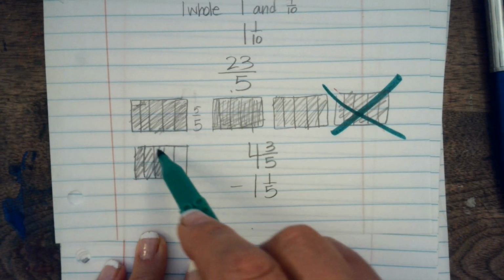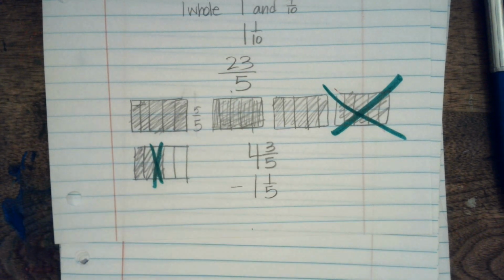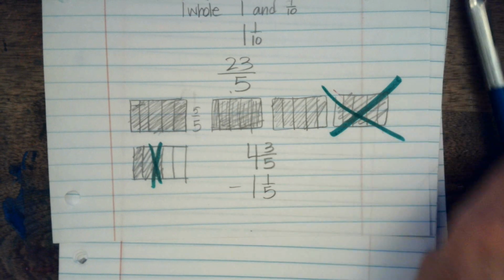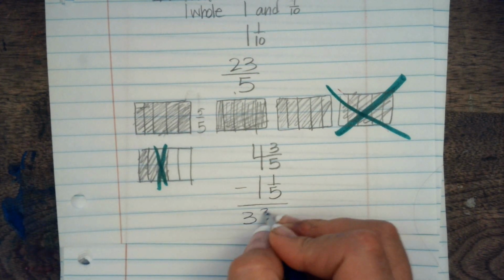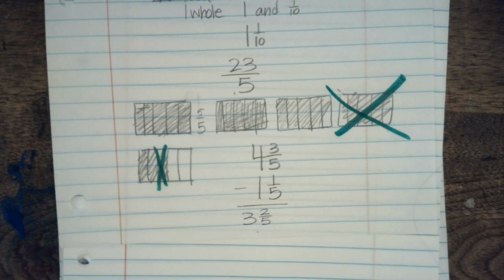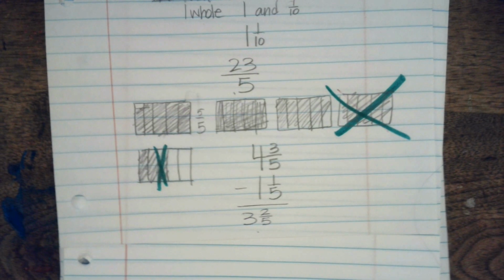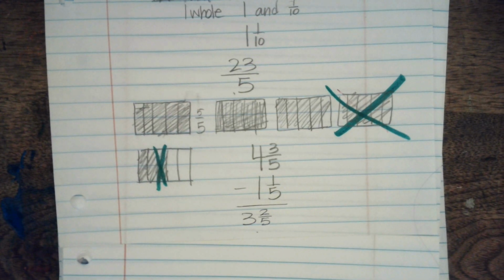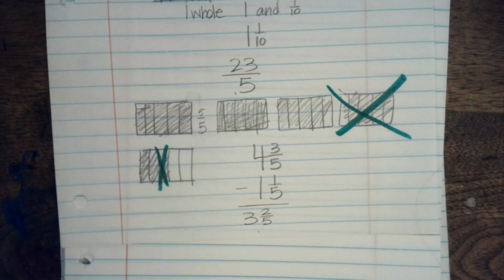And then I would get rid of 1/5 of another box. So then that would give me 1, 2, 3 whole boxes, and then 2/5 of my other box. Does that kind of make sense now? Yeah. Okay, so I'm going to stop the video so it doesn't get super long.